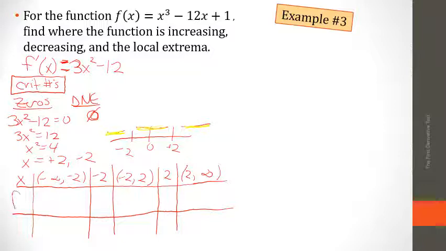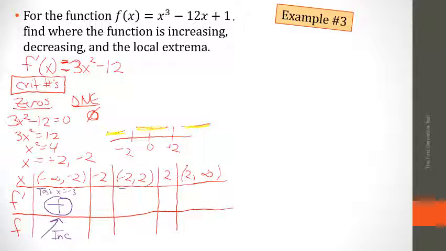Okay, so the derivative and the original function. I would probably test here x equals negative 3, and I got that the derivative is positive in that interval. So that means the original function is going up or increasing.